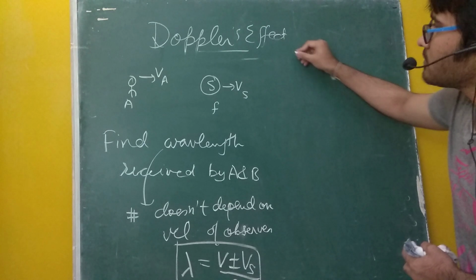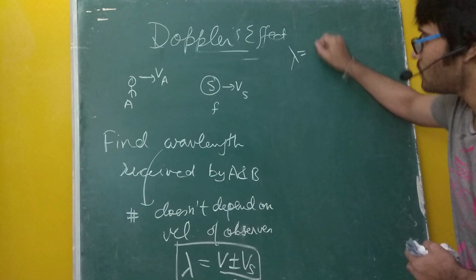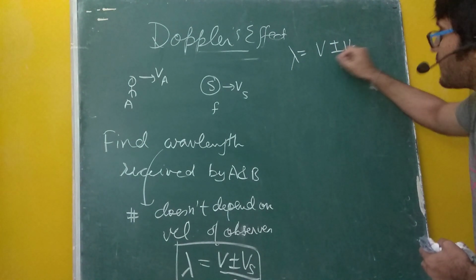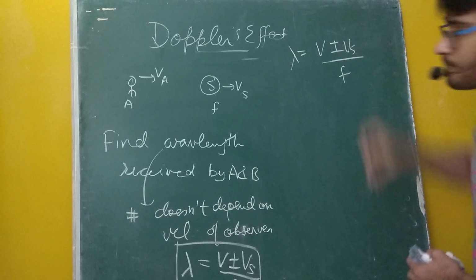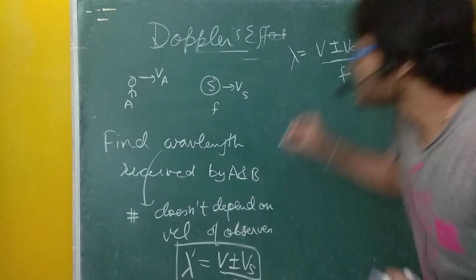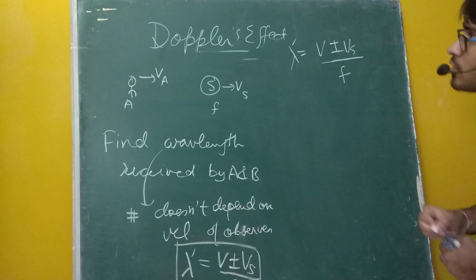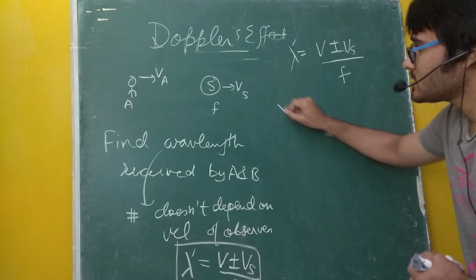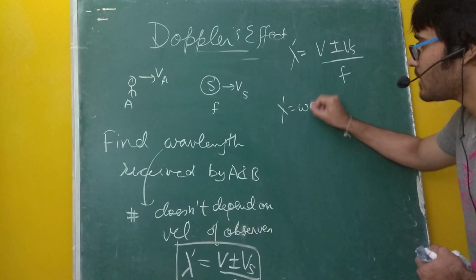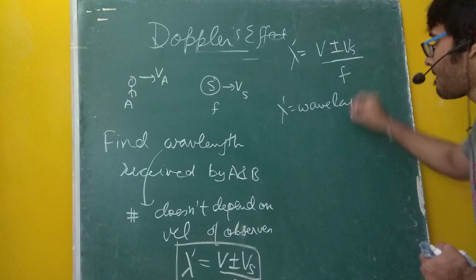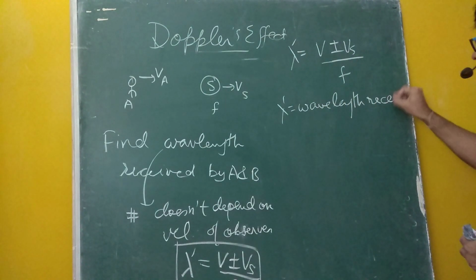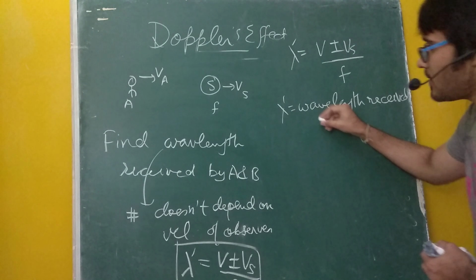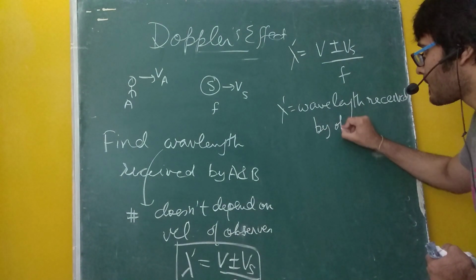So this is the formula we have to understand: lambda is equal to V plus or minus Vs divided by F. Let's call it lambda dash, because this is the wavelength received by the observer.